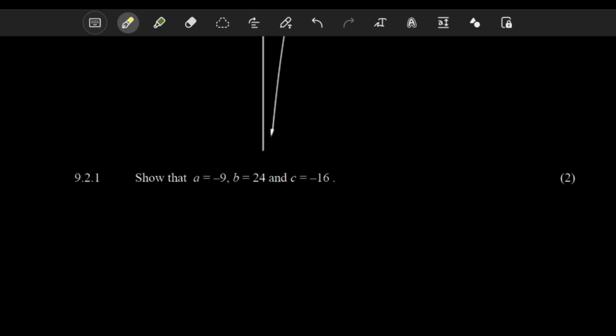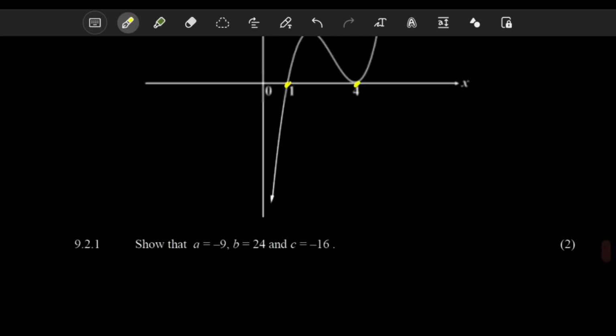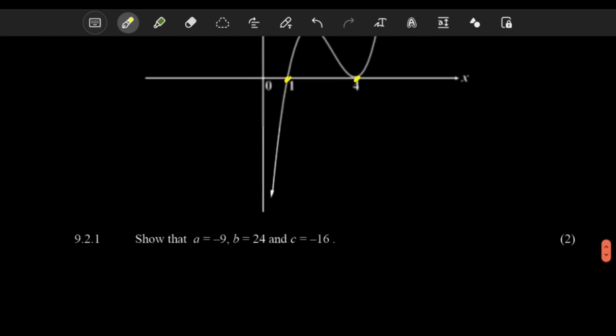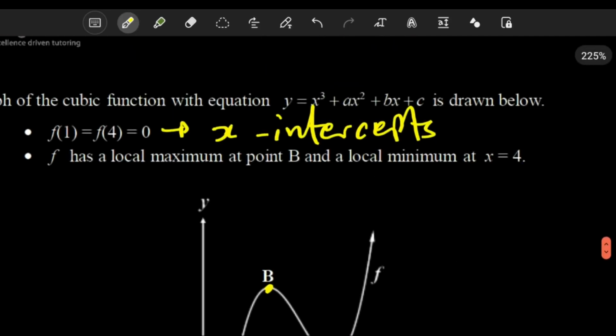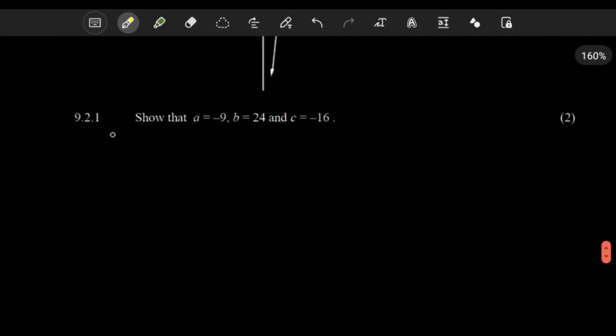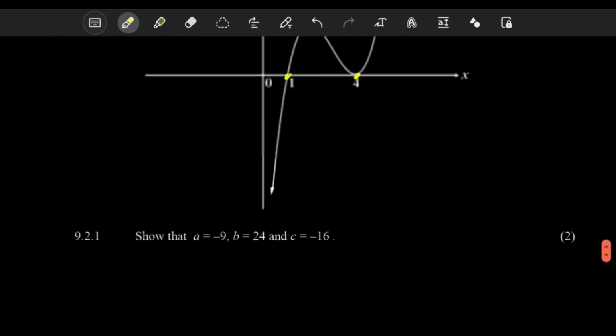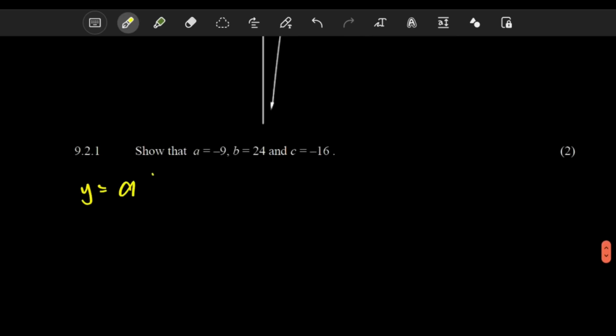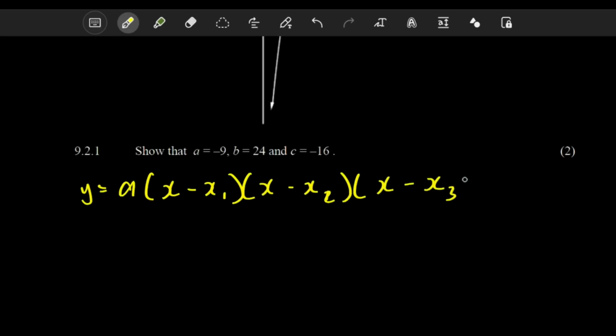Oh my goodness, these guys are so mean. Oh well, I think they're trying to imply that this is one of those things that you just need to know from the back of your head. With any cubic function, you have to remember that when it is factorized, it's always in the form a times (x minus x1), times (x minus a second x-intercept), times (x minus a third x-intercept).